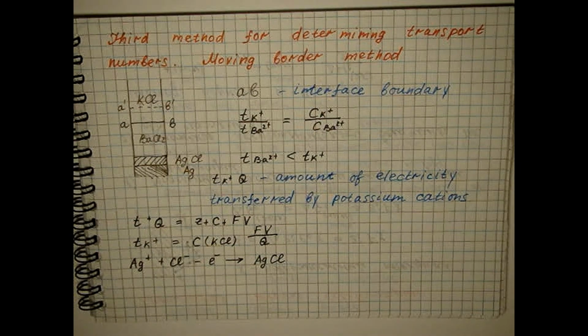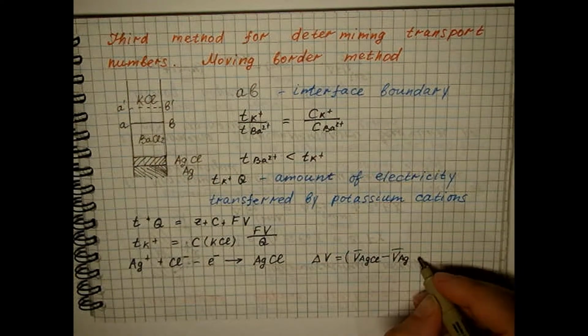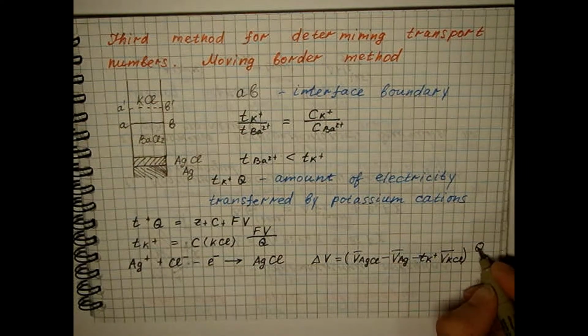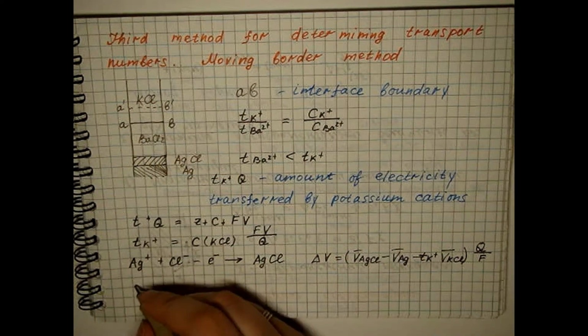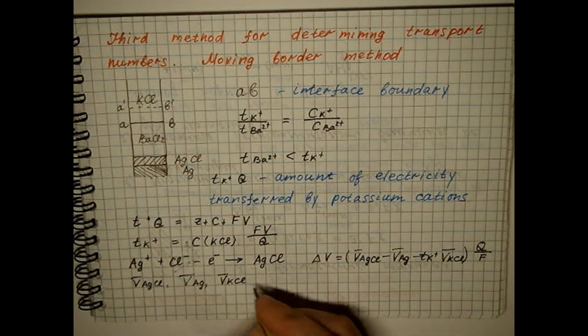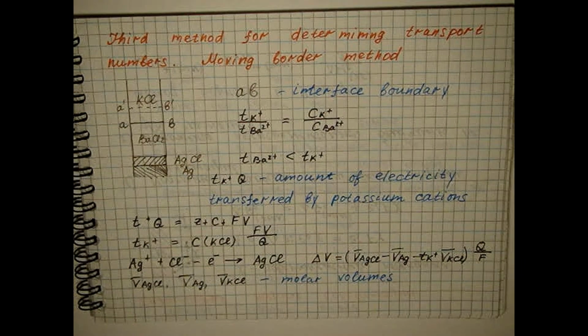The result is an additional change in volume equal to Therefore, the volume recorded by the movement of the boundary from the AB to the A bar B bar position also contains the delta V value.